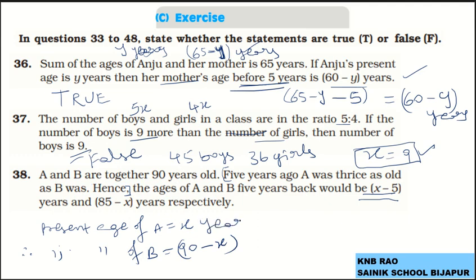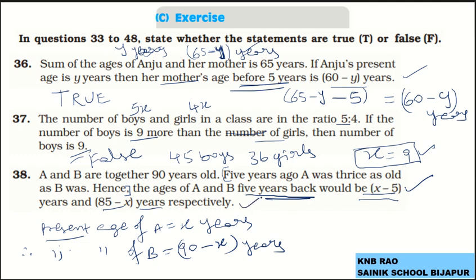So, their present ages are x and 90 minus x, then 5 years back it will be x minus 5 and 90 minus x minus 5. 90 minus x minus 5 gives you 85 minus x.